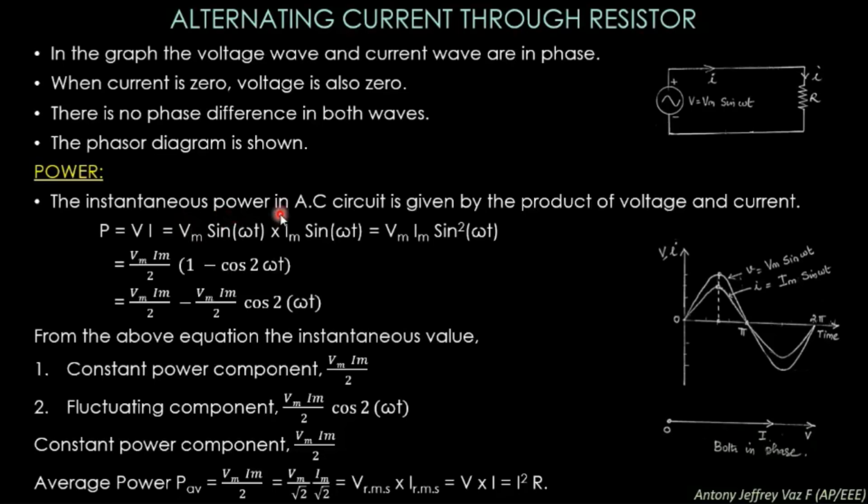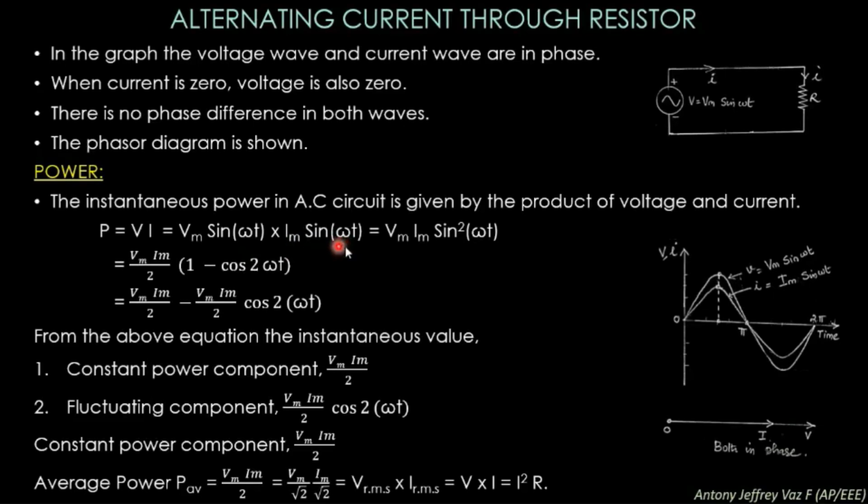The instantaneous power in an AC circuit is given by the product of voltage and current. So now we are going to find the power which is delivered to the load, which is nothing but the resistance. Here we know that P is equal to V into I. Here V is Vm sine omega t, and I is Im sine omega t.